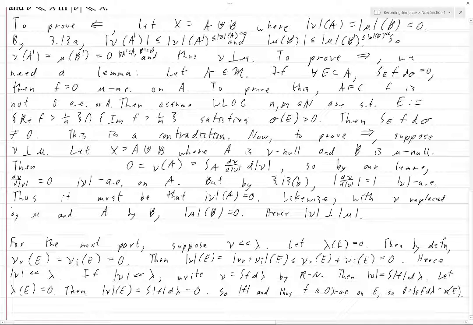But we do need that for all e in a, 0 equals nu e, because that's exactly what our lemma says. Our lemma says that if for all subsets this holds, then everything holds. So this is the final statement, and I guess I was just trying to think on the fly, and that's really difficult to do, especially when you're presenting a solution. So just wanted to make that fix, and now we're good.